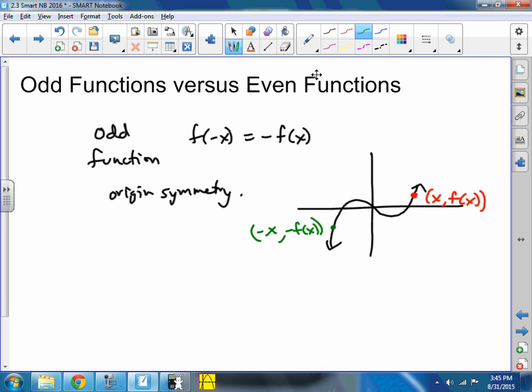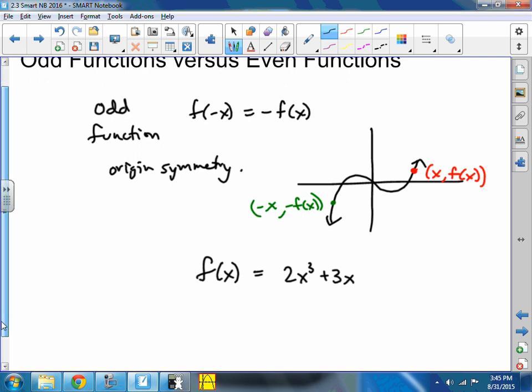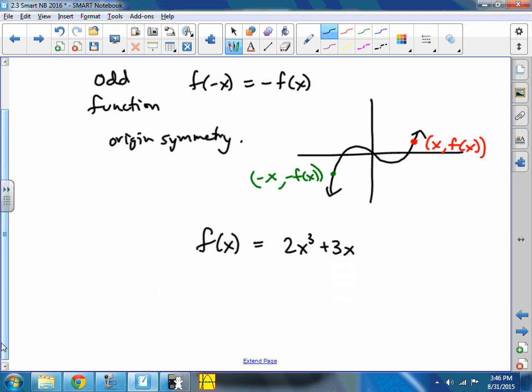Now, let's give an actual example of one of these. Let's say I gave you f of x equals 2x cubed plus 3x. You can show that this is an odd function by doing the following. The first thing you do is change the x's to negatives, and then you multiply the whole thing by -1. So first you change the x to a negative.